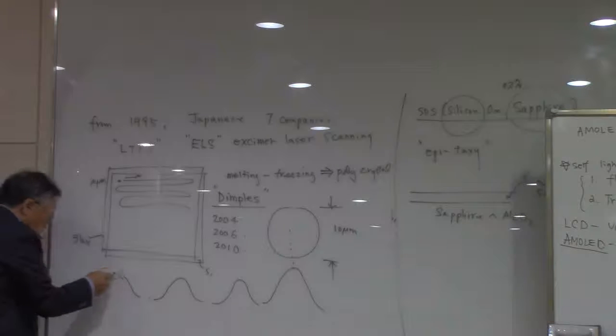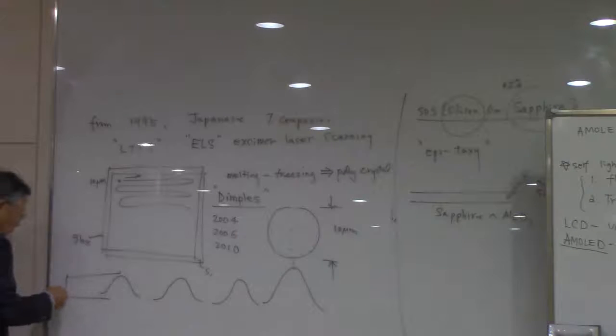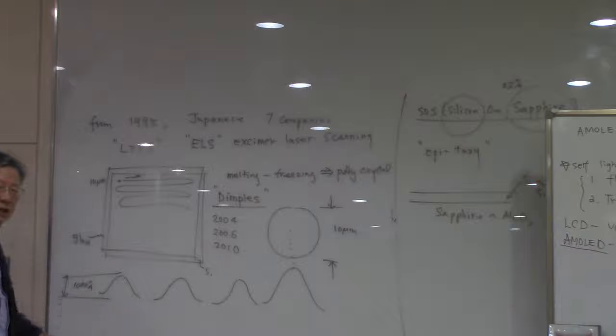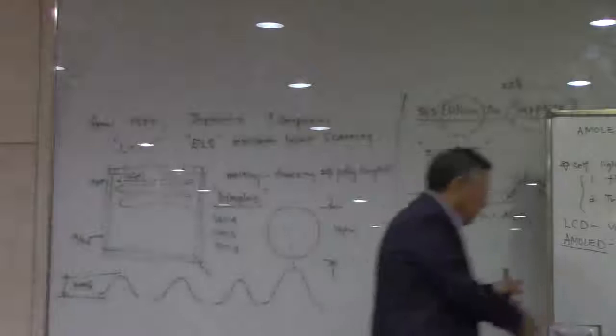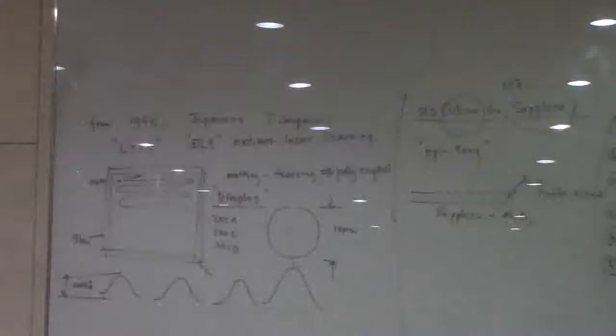Okay? And then the total thickness of the silicon is just 1,000 angstrom. And the dimple height is close to 1,000 angstrom. So the surface becomes very rough. So surface roughness is the main problem with this laser technology.